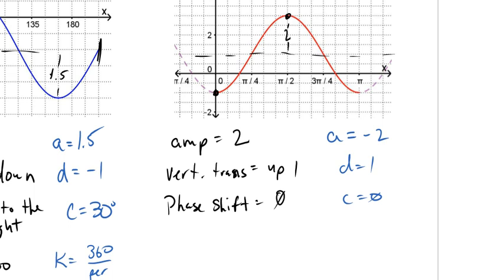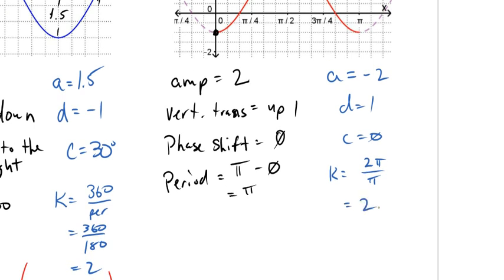Period: it's pi minus 0, because that's where it stops. So that's obviously pi. So to find my k value, that's 2 pi divided by pi, which is 2.